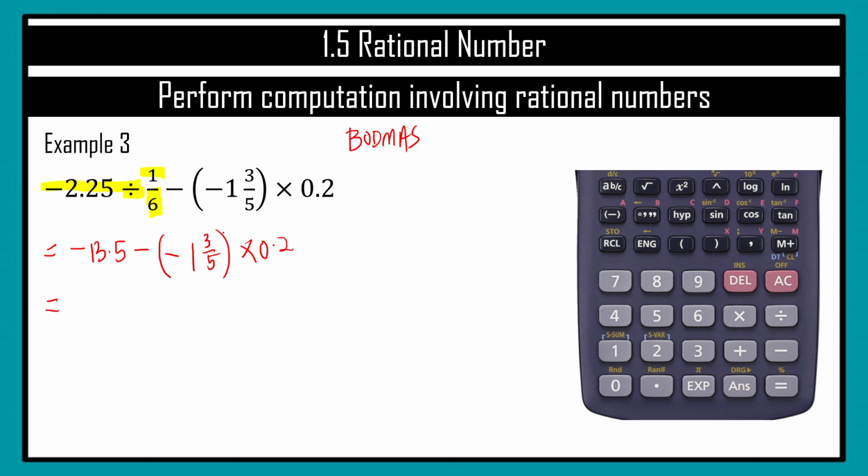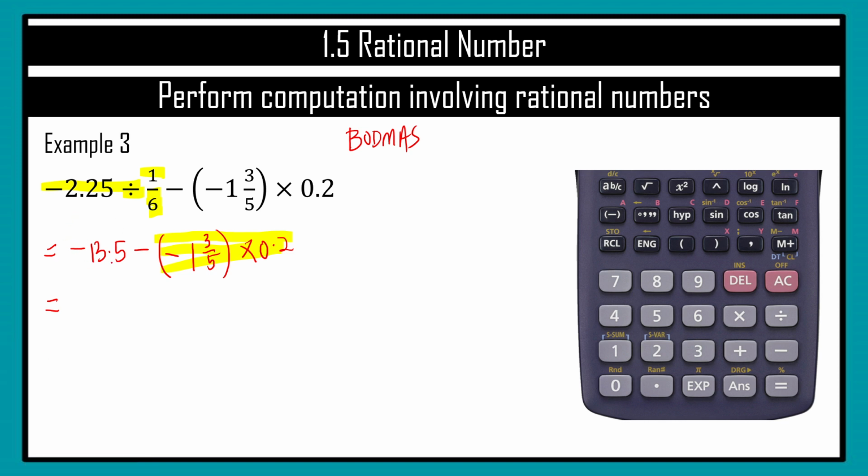The one that we have not been doing, you need to copy down. Next, let's check if there is any divide or multiply. Along here I still see that I have a multiply, so I'm going to do this one: negative 1 3 over 5 multiply with 0.2.